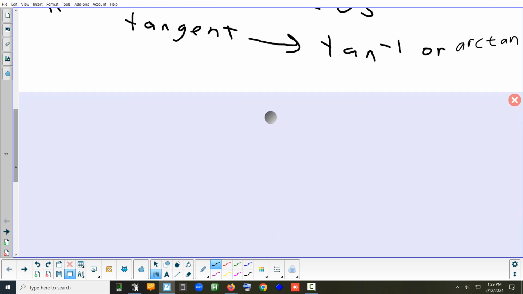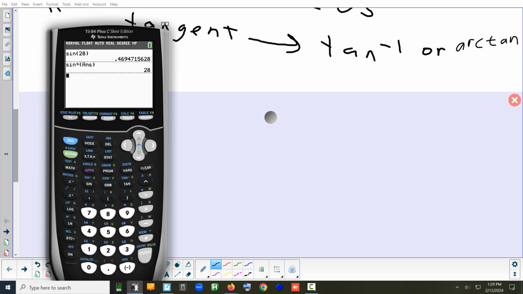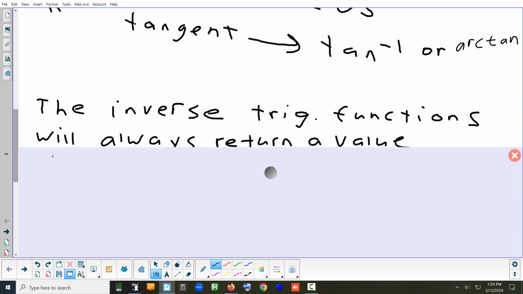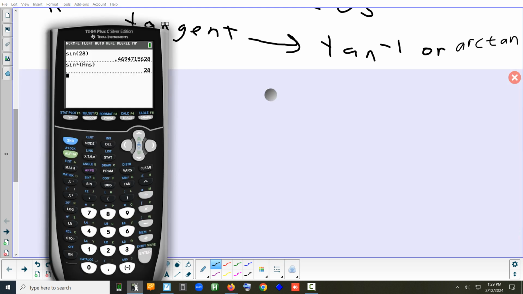So when we do inverse trig, let me just show you some different examples. Let me do inverse sine of 0.2, inverse sine of 0.6, inverse sine of 0.8, inverse sine of 0.9.